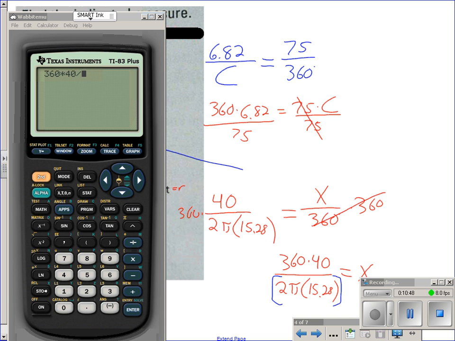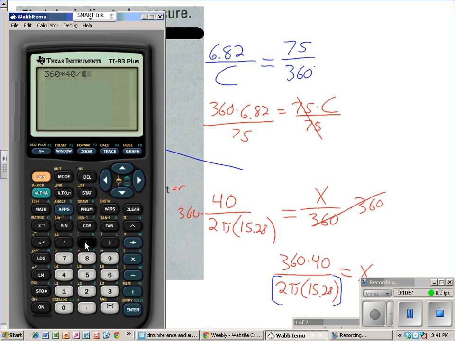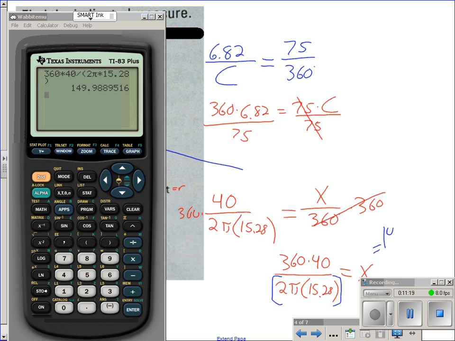So if you do it all at once, you need to put this into parentheses. So 360 multiplied by 40 is going to get divided by 2 pi times 15.28. Oh, I didn't put the decimal in there. 15.28. Close that parenthesis. The parenthesis is grouping all of that stuff, so that's what you're dividing by. Hit enter. X is 149.98, so basically 150 degrees.